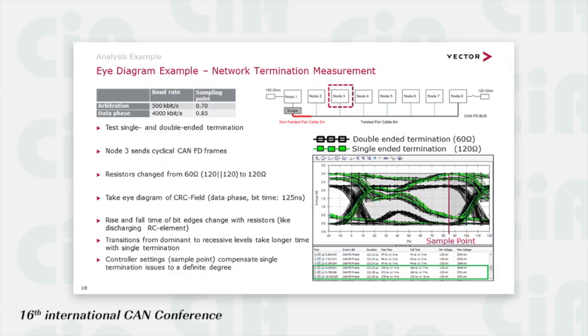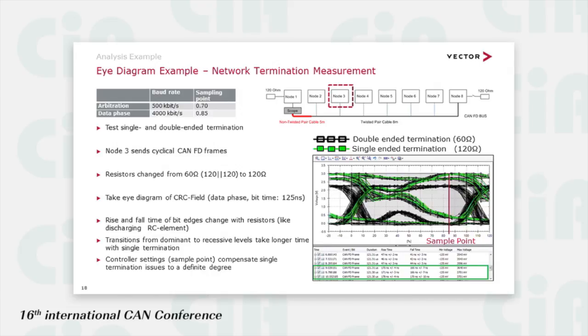This was the case because we wanted both test cases to run. If we had chosen the sample point at 70%, which works for double-ended termination, we would have gained error frames in case of single termination. And the data phase transition rate was 4,000 kilobits per second.